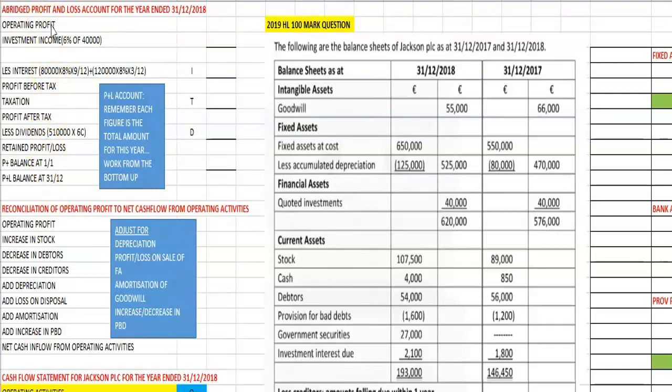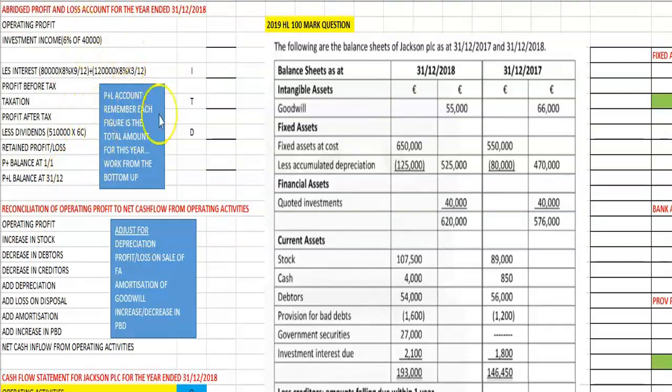So you'll start with operating profit, then you'll add on any investment income, then you'll take away any interest on loans. That will give you profit before tax. You take away your tax to get your profit after tax, then you deduct your dividends to give you your retained profit or loss. You add on the profit and loss balance at the 1st of January, and that will give you your profit and loss balance carried forward at the end of the year.